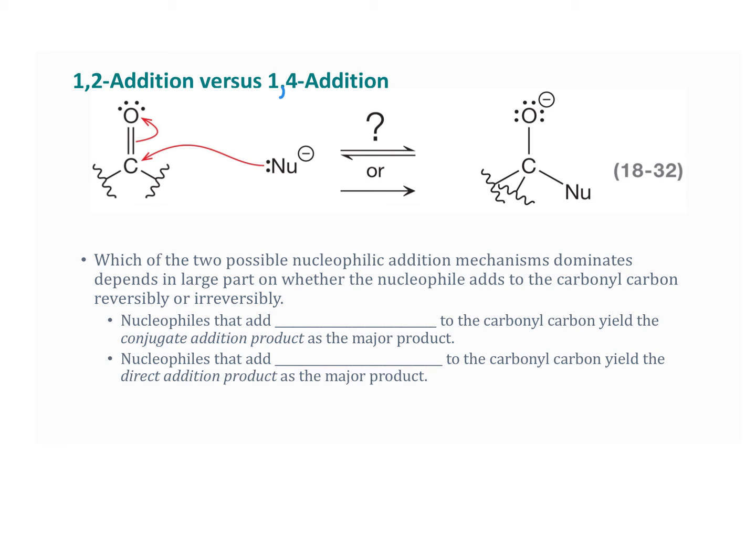Well, it depends mostly on whether the nucleophile adds to the carbonyl carbon reversibly or irreversibly. And we've seen this before. And so nucleophiles that add reversibly to the carbonyl carbon tend to yield the conjugate addition product, right? And remember, the conjugate addition product is the 1,4.